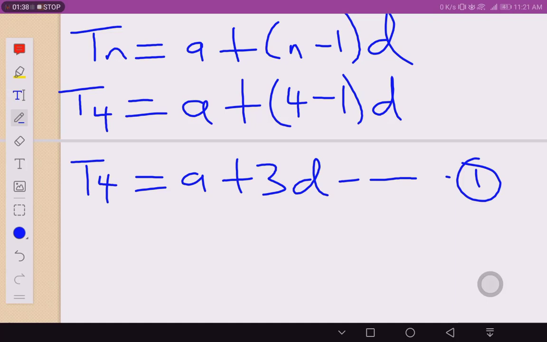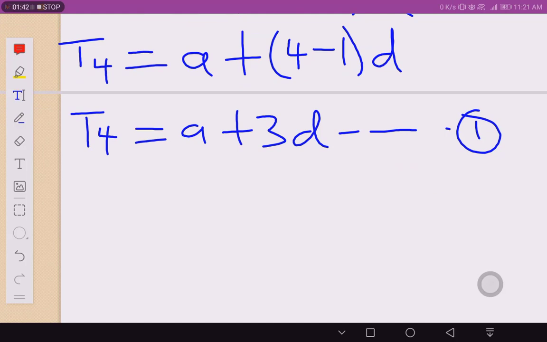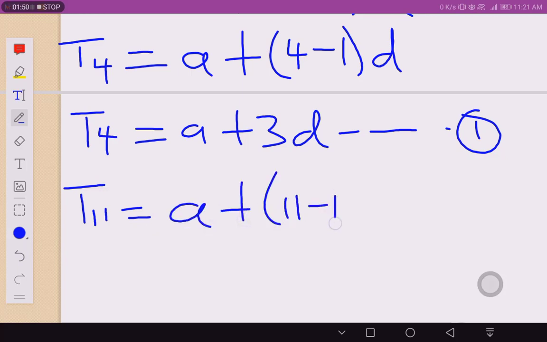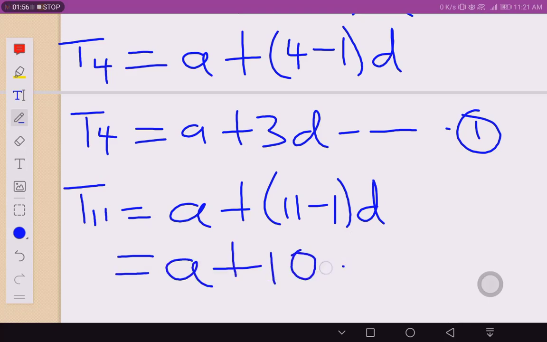Then for T11, we get T11 is equal to A plus (11 minus 1) times D. This becomes A plus 10D. So T11 is now equation number 2.